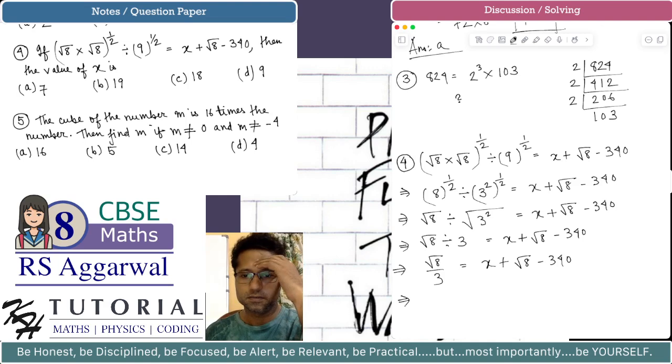So this implies the value of x is, if I transfer all the constant terms from the right hand side to the left hand side, we get 340 plus square root of 8 by 3 minus square root of 8 equals x.